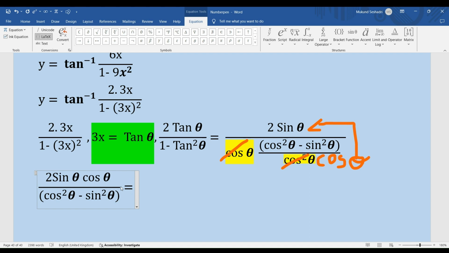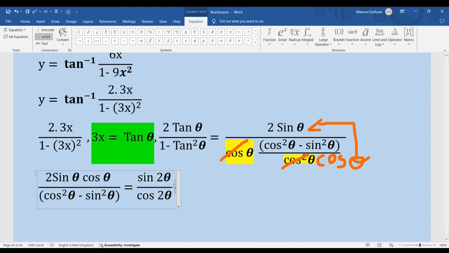my 2 sine theta cos theta is nothing but sine 2 theta, right? Sine 2 theta. And then my cos square theta minus sine square theta is nothing but cos of 2 theta, right?